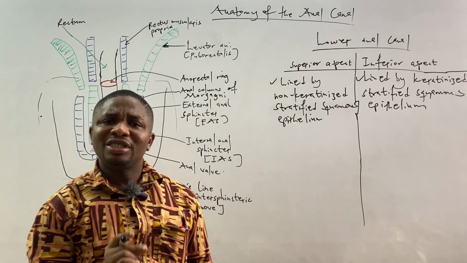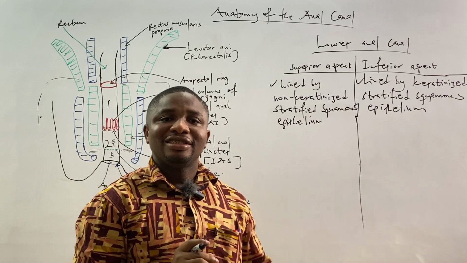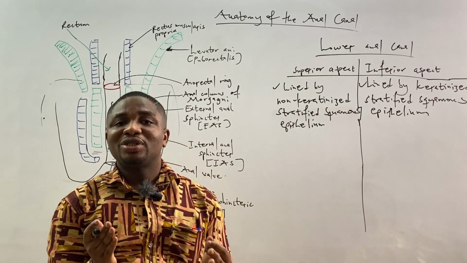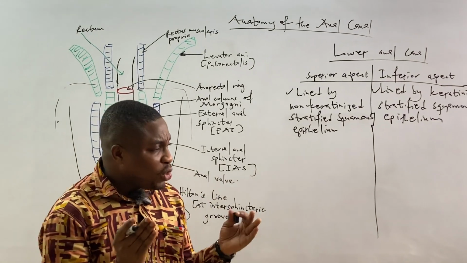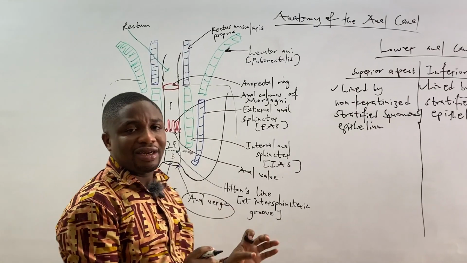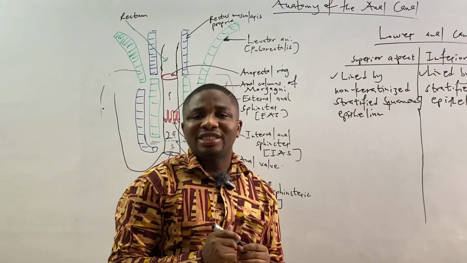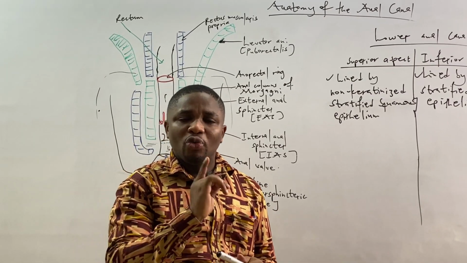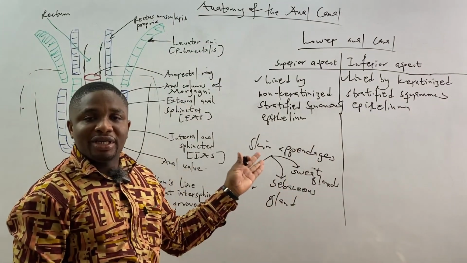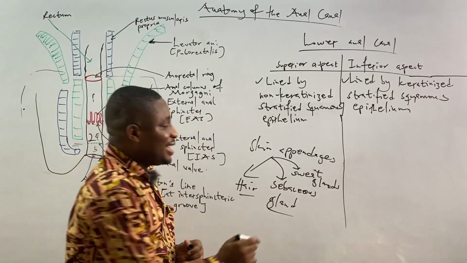And there's a difference between the epithelium of the anal skin and the epithelium of the lower anal canal. That's with regards to the inferior aspect of the lower anal canal. So the inferior aspect of the lower anal canal is lined by keratinized stratified squamous epithelium without skin appendages. And what are the skin appendages? The skin appendages are the hairs, the sebaceous gland, and the sweat gland.